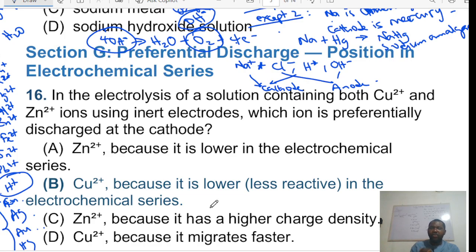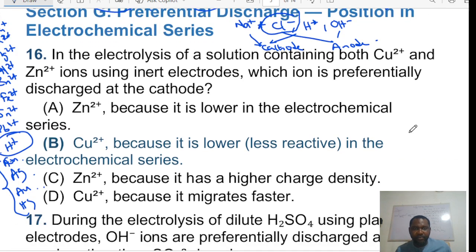Between Cl and OH, OH will always be discharged because OH is lower than chloride. But if the solution is concentrated, then chlorine will definitely take the upper hand. This is specific to chlorine, and there is a reason for that, which I cannot explain in this video, but just know this for exam purposes.